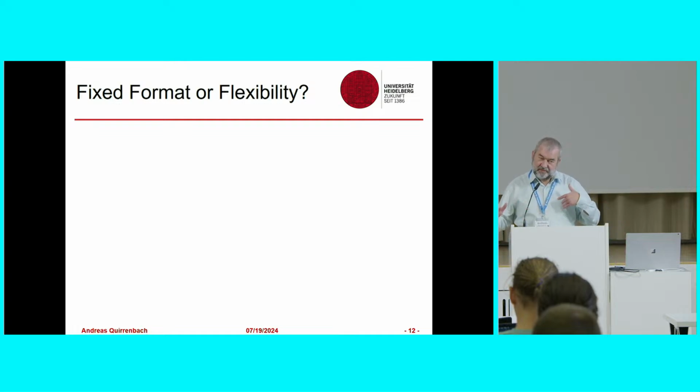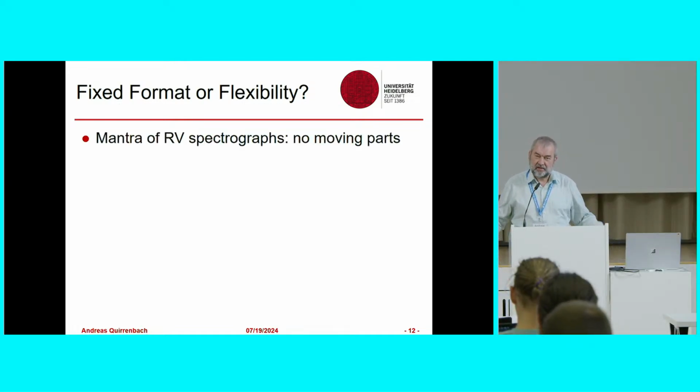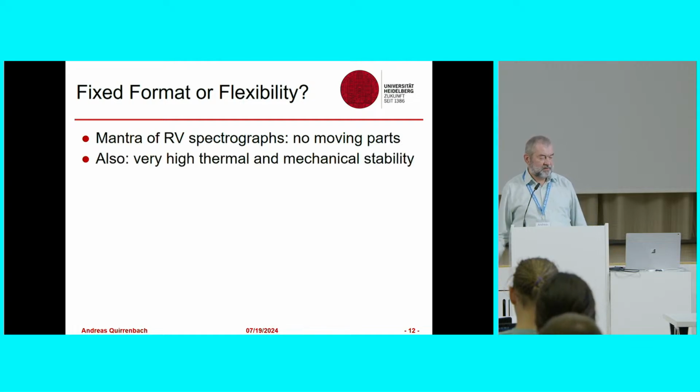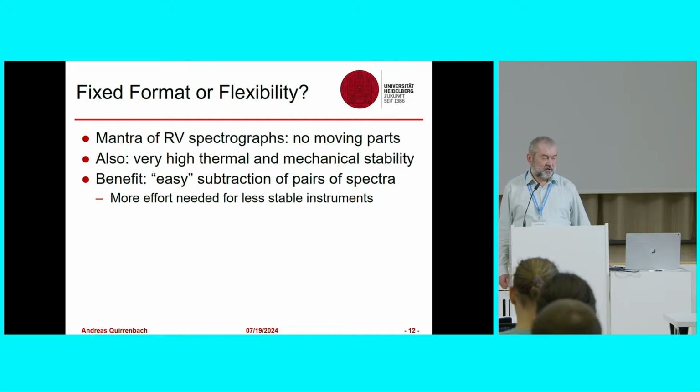So then there are some more general considerations. The mantra of building RV spectrographs is no moving parts. No moving part in my instrument, and also very high thermal and mechanical stability. And because these are the requirements for RV, the benefit is that it's easy to subtract 2 pairs of spectra, so 1 spectrum taken before transit, 1 in transit, or a group of spectra before, a group of spectra in transit, because of the stability that was designed in for the RV application.